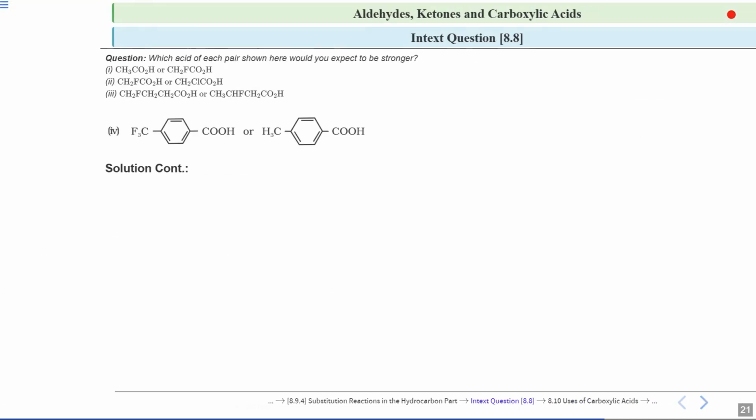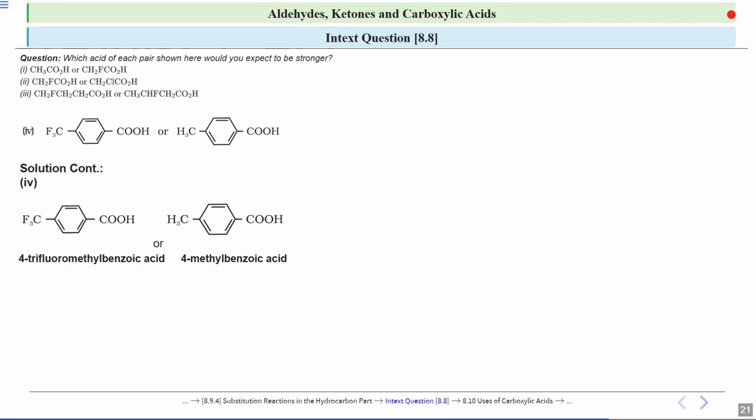Now, let's see the second one. In the second one, we have a trifluoromethyl group, which is a CF3 group. Now, this is the opposite of CH3. This is a strong electron withdrawing group. That means it pulls electron density away from the rest of the molecule, and we call it the -I effect.